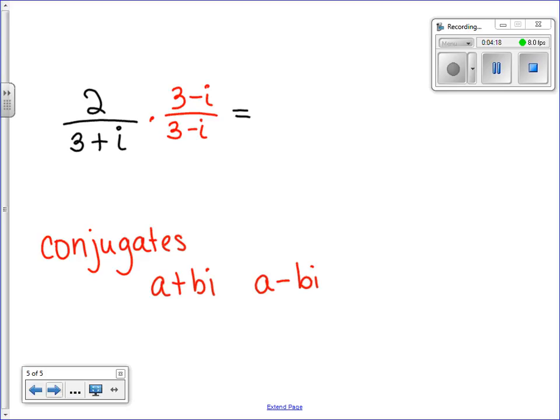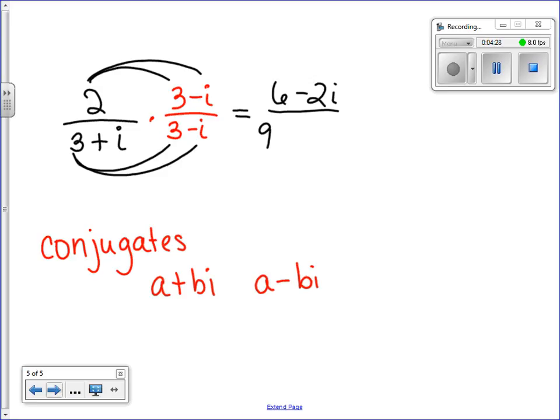So on top it's just going to be 6 minus 2i. On bottom it's going to be 9 minus 3i plus 3i minus i squared. Well, what happens right here? Cancel. Right.